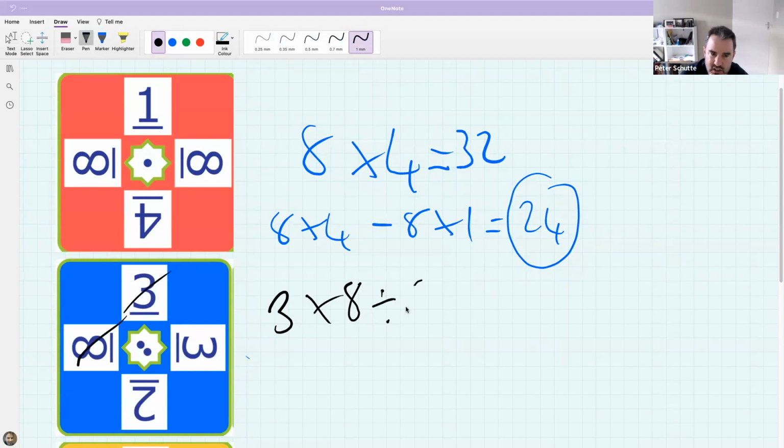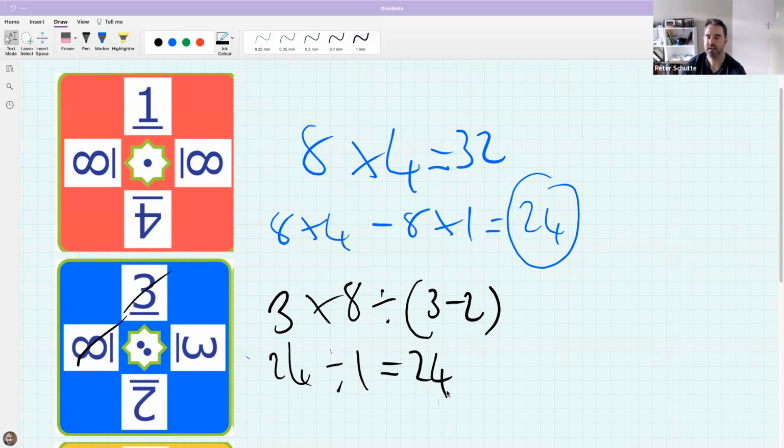So why not just say divided by 3 minus 2? And so basically what you get is you get that. Yep, Ayanda, I think you have nailed it. And so has Mbali and Zanele, same idea.